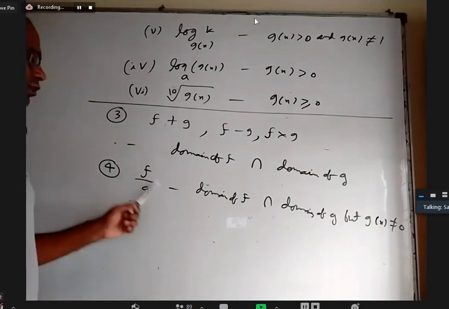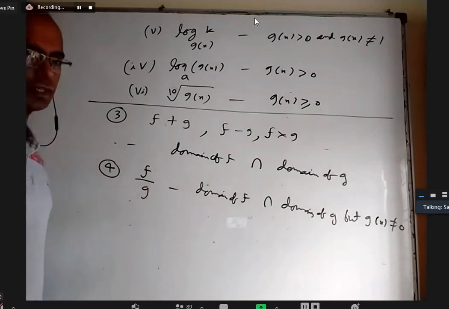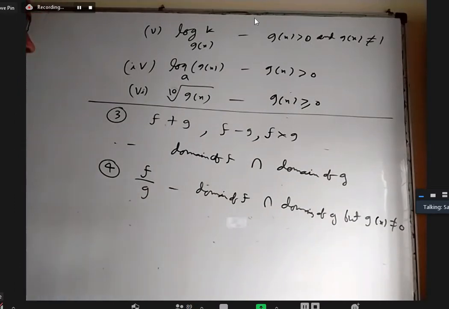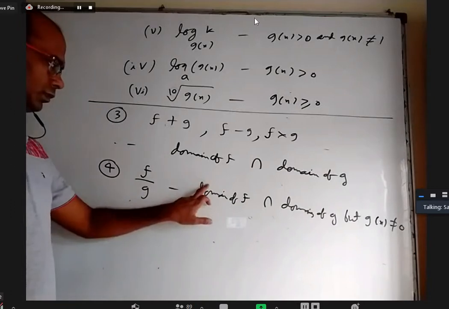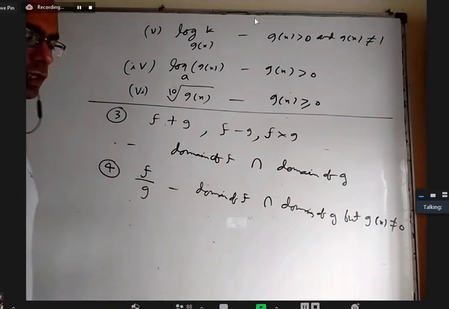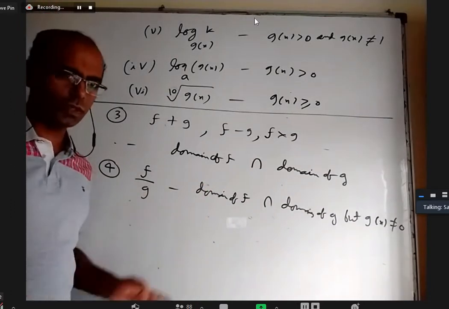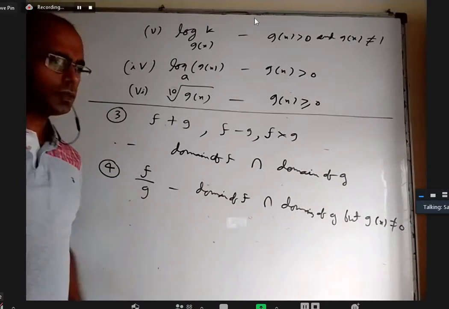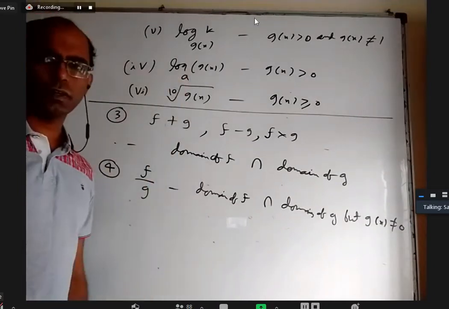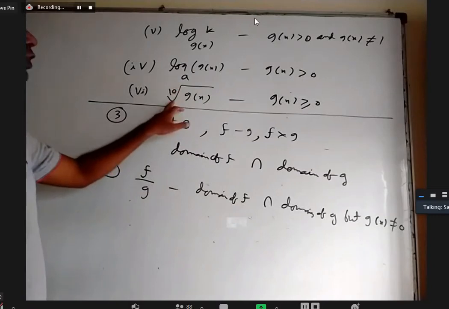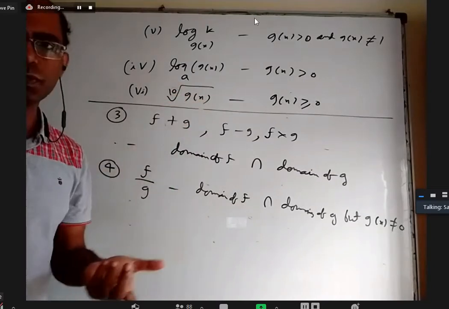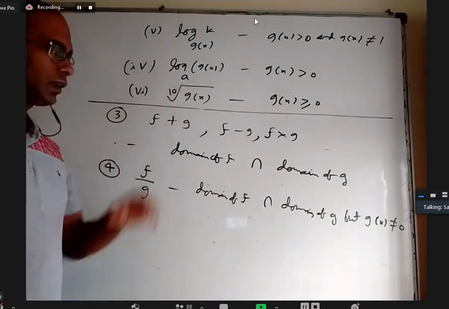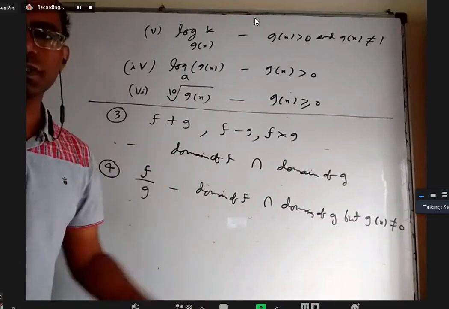Or you can say f into 1 by g and take the domain of 1 by g. That's all. You don't need any more theory for finding the domain. But all these are also not required to write. They are quite common sense. Square root of something is defined only when the inner part is positive or 0. And if you have a ratio, it is defined only when the denominator is not 0.